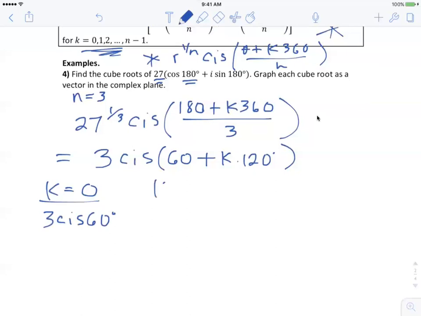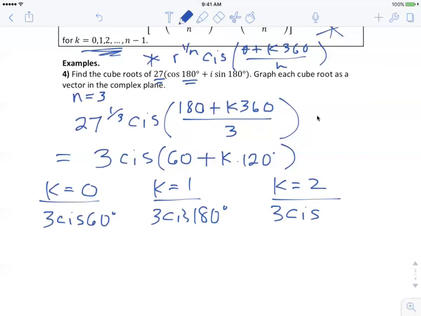If I plug in k equals 1, I get 3 cis, okay, 60 plus 1 times 120 will be a total of 180. And then one more. If I plug in 2, 2 times 120 is 240, plus 60, 300. And those are my 3 answers.